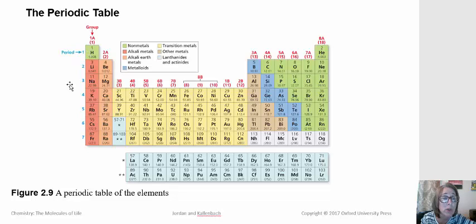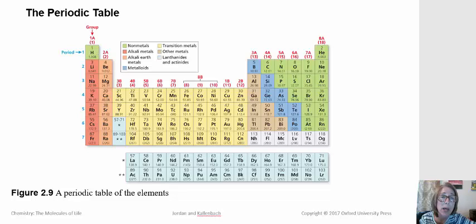For example, if we look at the first 3 periods, where the elements that we're going to care about in this course are, in the first period, the first shell is the valence shell. The second period, the second shell is the valence shell, and the first shell is filled. And in the third period, the third shell is the valence shell, and the second and first shells are filled.